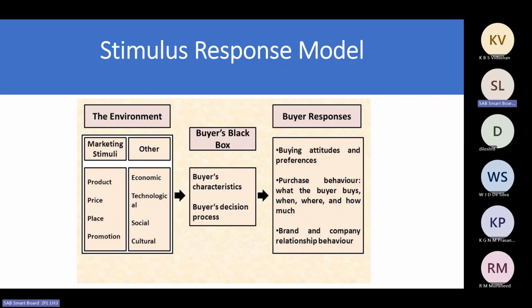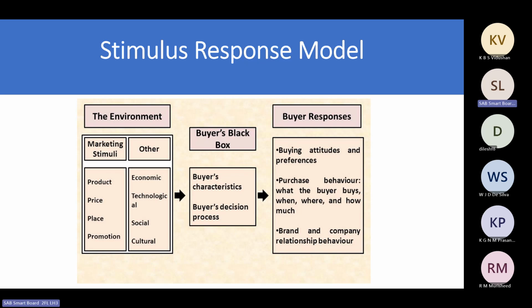I told you that when a consumer is making their consumption decision or buying decision, they might go through a certain process, right? So that process might be led by different stimuli that they are exposed to.